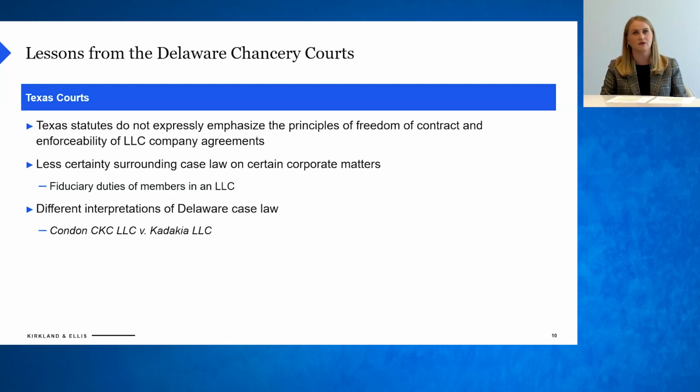This involved a couple of JV partners. They were members of the JV, and the JV had signed an agreement with an entity that was creating royalties for the JV.